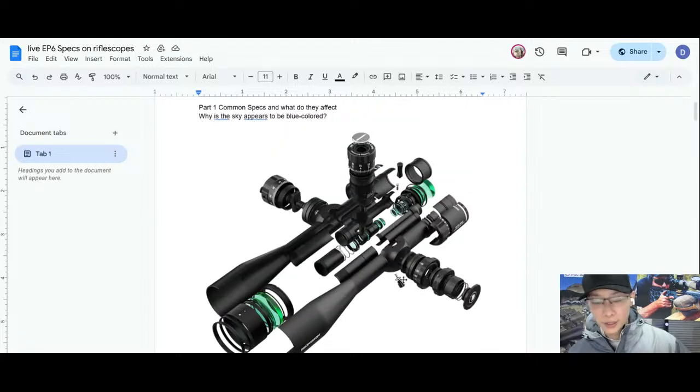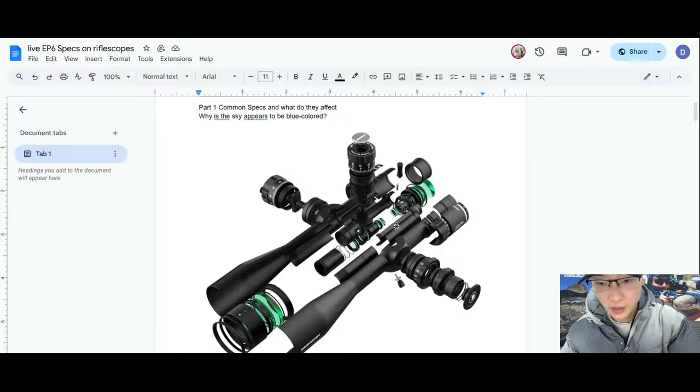We consider there's no good or bad in each one, as long as it works, tracks, and holds zero, so that's not a huge advantage or disadvantage. So that's how the elevation and windage adjustment work on this part.